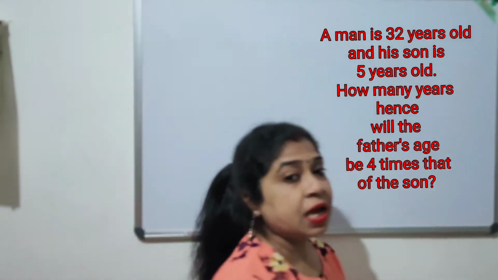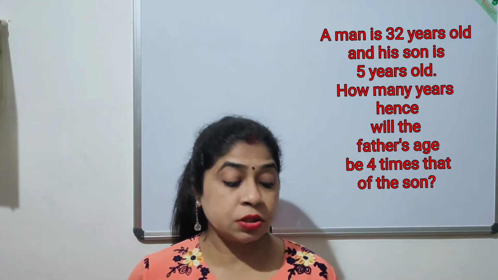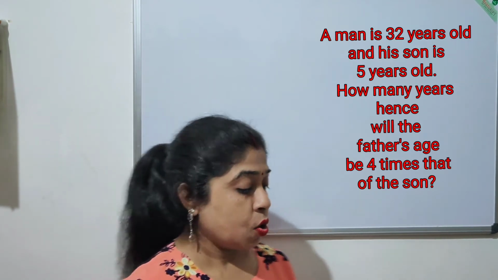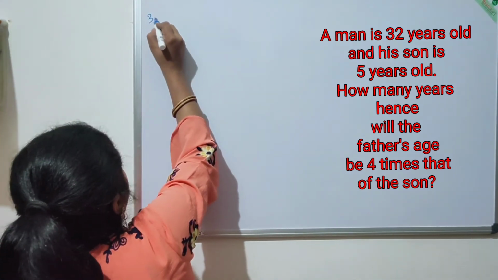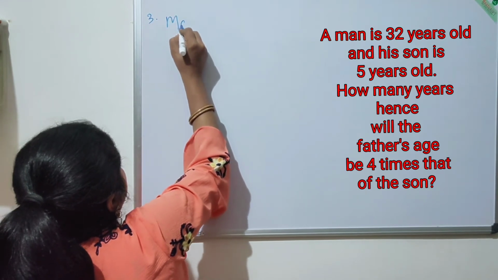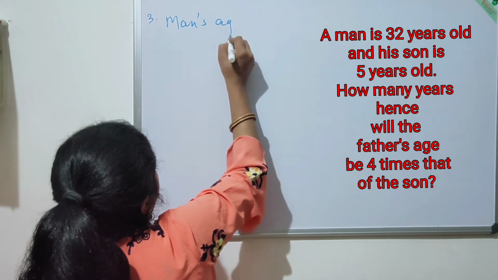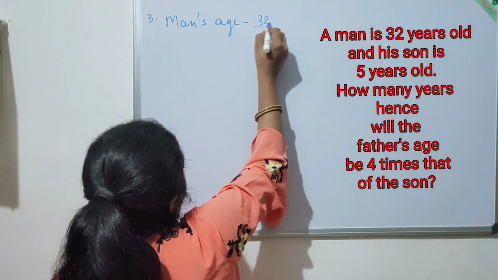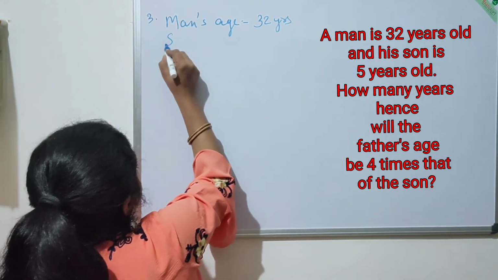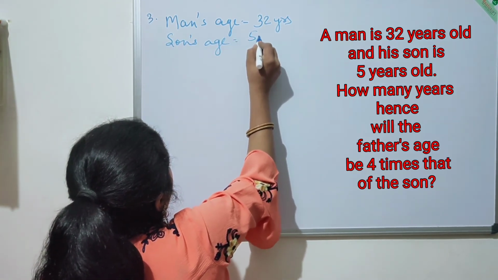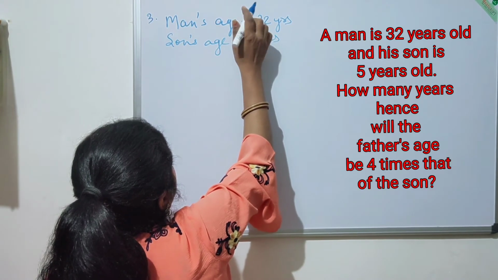The question is, a man is 32 years old and his son is 5 years old. This is question number 3. What is the man's age? 32 years. And what is his son's age? 5 years.